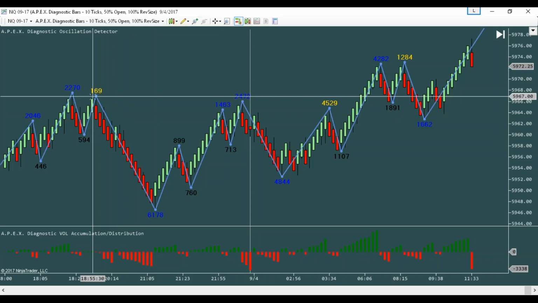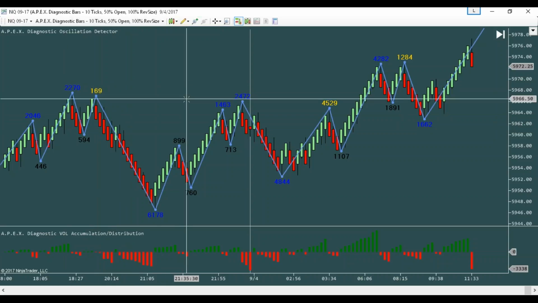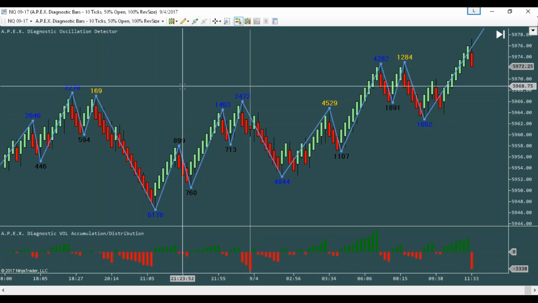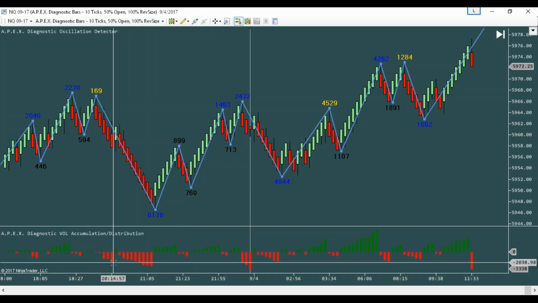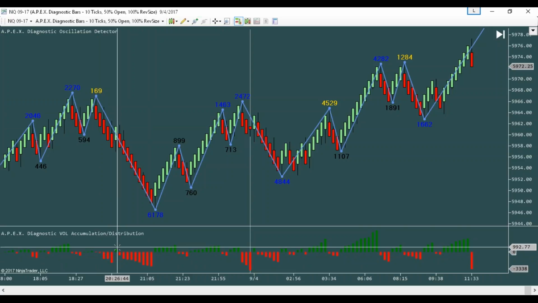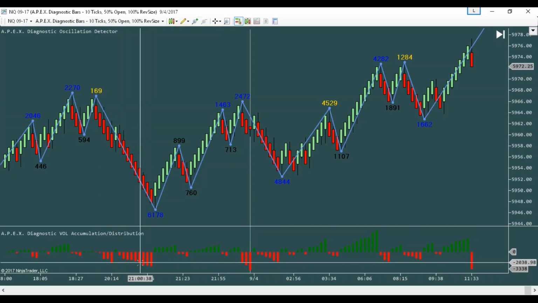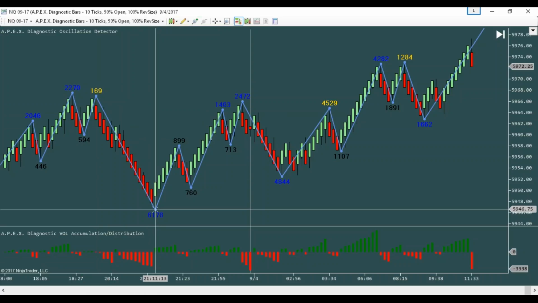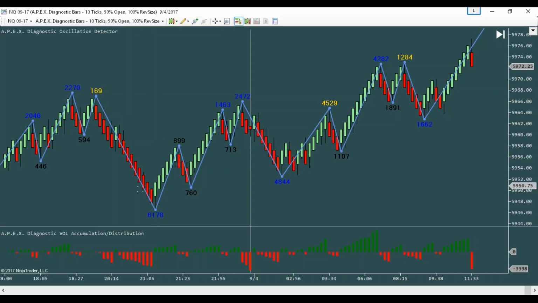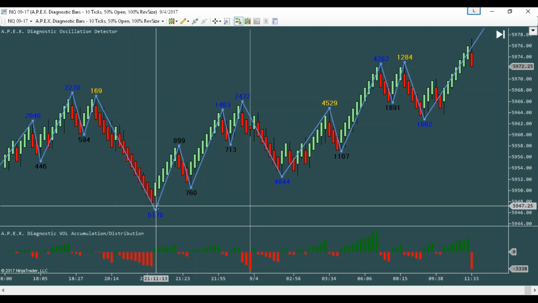Well, the oscillation detector ignores one-bar elevators. For example, in this downtrend right here, VAD comes down and then shows us the elevator bar, then VAD starts to rebuild again and comes down. Whereas the oscillation detector measured from here to here, all one long trend, and gave us the number.